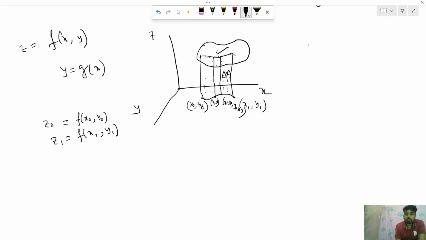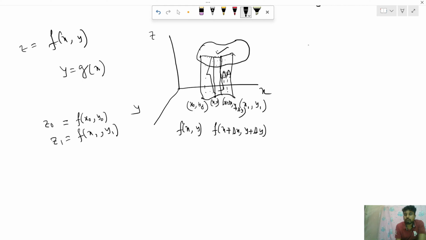Okay. So what will be the length? This length will be f of x, y, and this length will be f of x plus delta x comma y plus delta y.